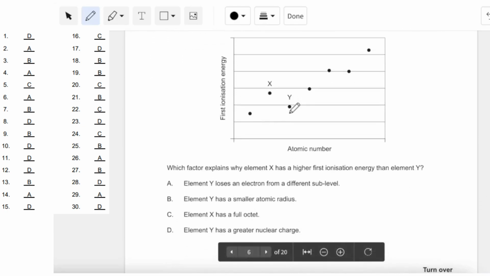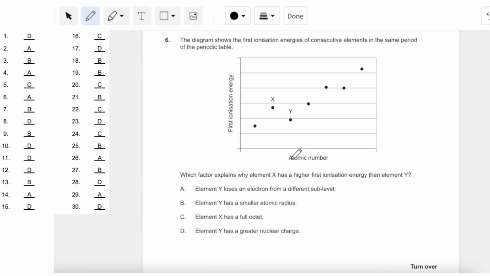And then 6, this is also a very interesting question. This is the trend of ionization energy across a period. There's going to be group 1, then group 2, and then this one is group 3. Which factor explains why element X has a higher first ionization energy than element Y?